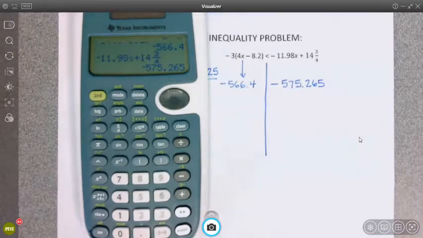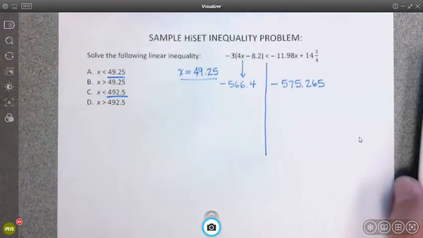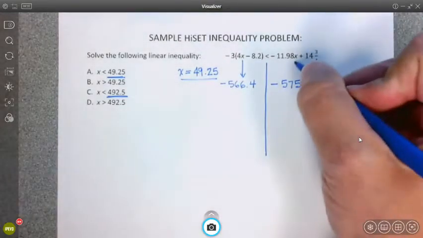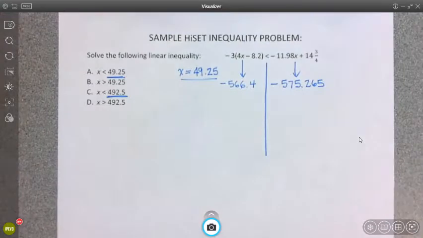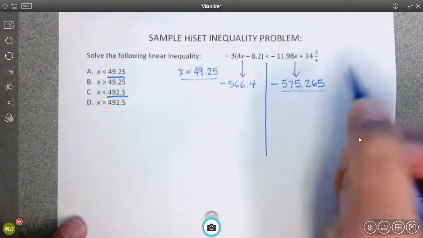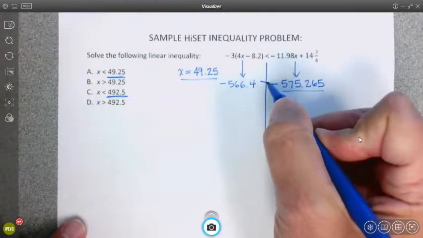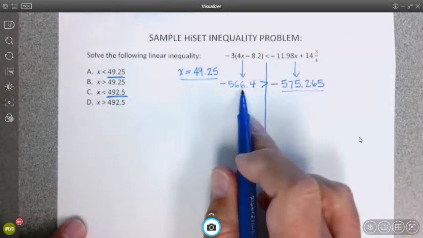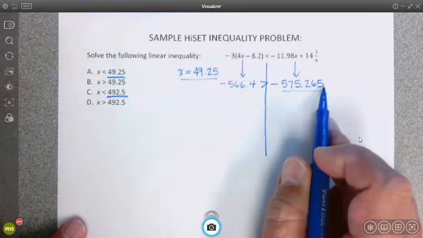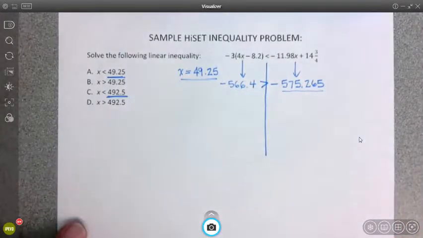Okay, so that's what the right-hand side algebraic expression is equal to when x is 49 and 25/100ths. Now notice that -566 and 4/10ths is greater than -575 and 265 thousandths.